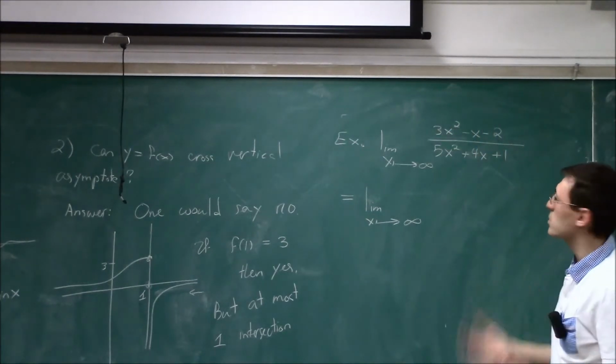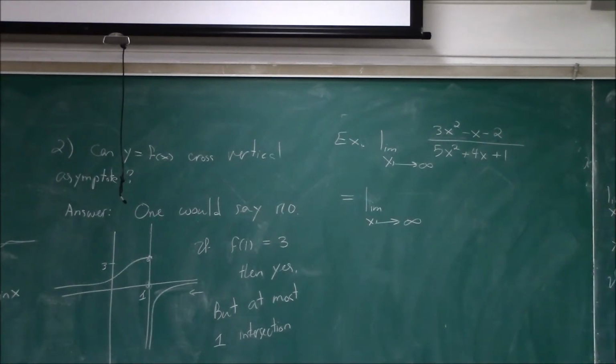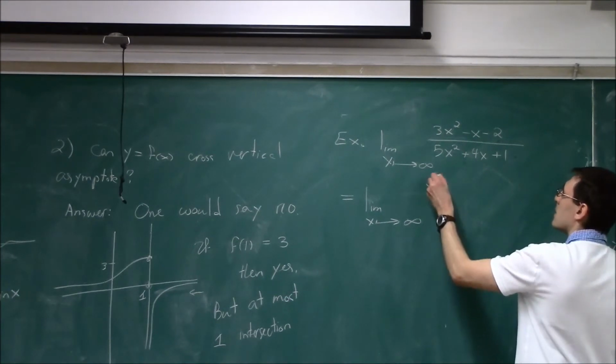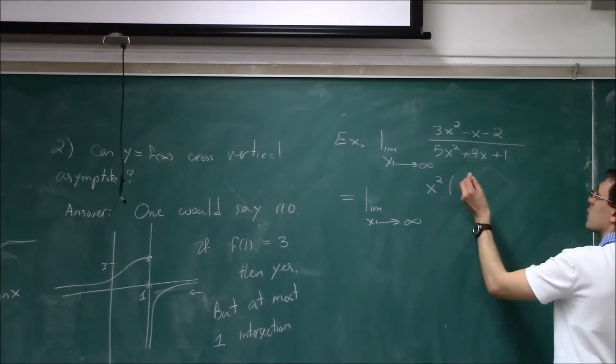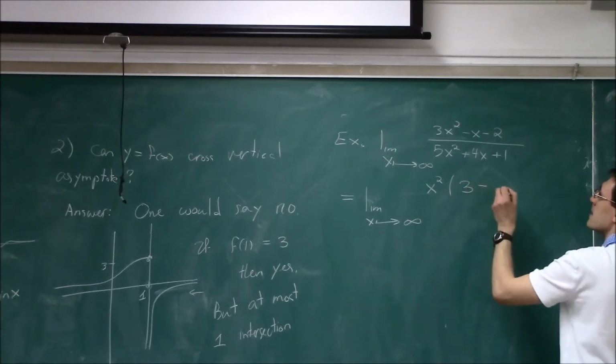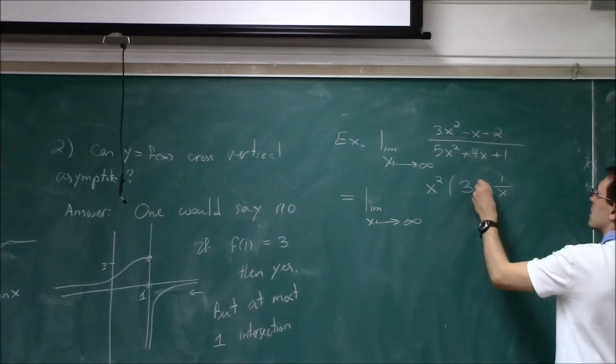So x squared grows to infinity fastest. If x is a million, a million squared is much bigger than a million. So I factor out x squared, and in the numerator I get 3 minus 1 over x. Good. And then what?